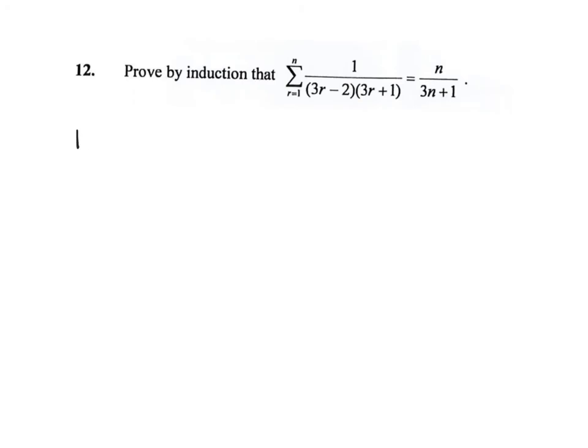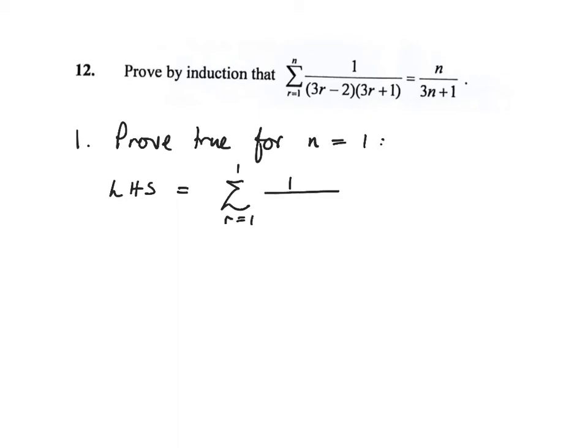The first thing to do is to prove true for n equals 1. So the left hand side, sigma r equals 1 to 1 of 1 over 3r minus 2, 3r plus 1.